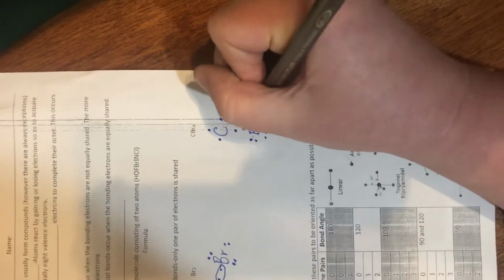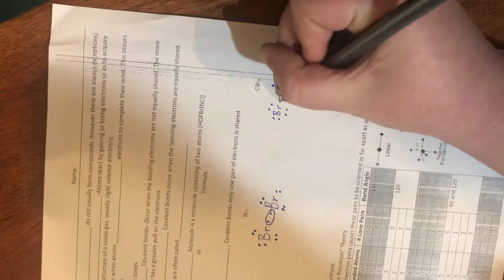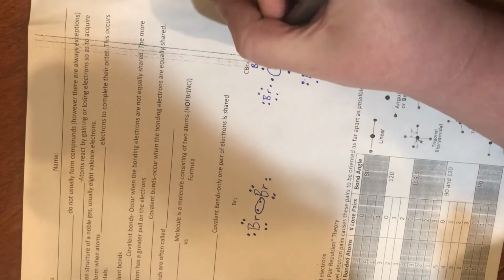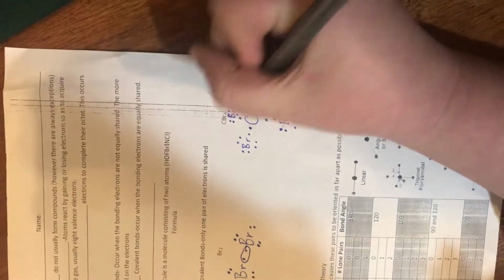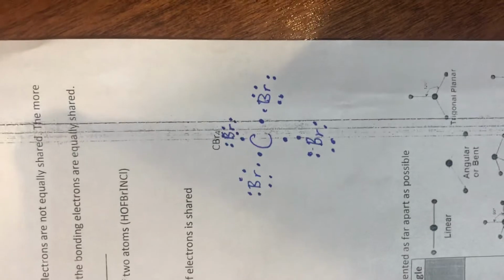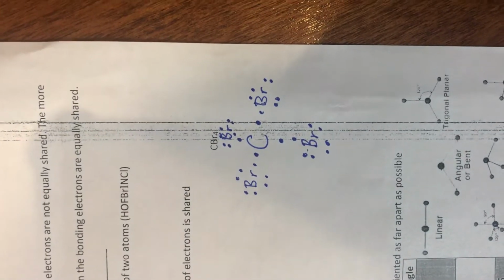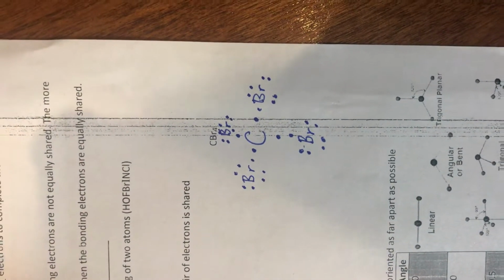Yes, you do have to draw all of the electrons around it. I know it sounds redundant and annoying, but you've got to do it. And then we're going to put one more up here. 1, 2, 3, 4, 5, 6, 7. Carbon is going to need a total of 8 electrons. Bromine is also going to need a total of 8. Carbon has to gain 4. Each bromine only has to gain 1.